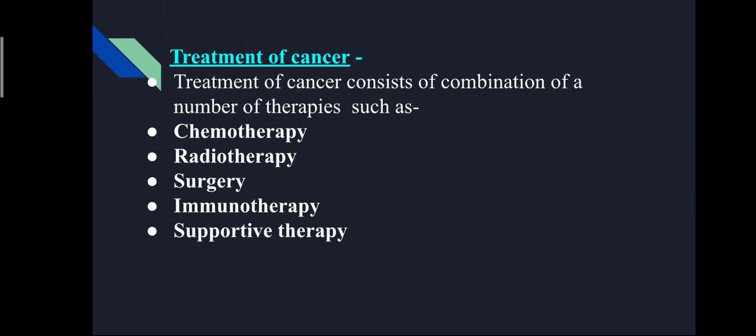Let us see one by one. First, chemotherapy. Administration of certain anti-cancer drugs includes chemotherapy. The anti-cancer drugs check cell division by inhibiting DNA synthesis to cancerous cell than to normal cells.